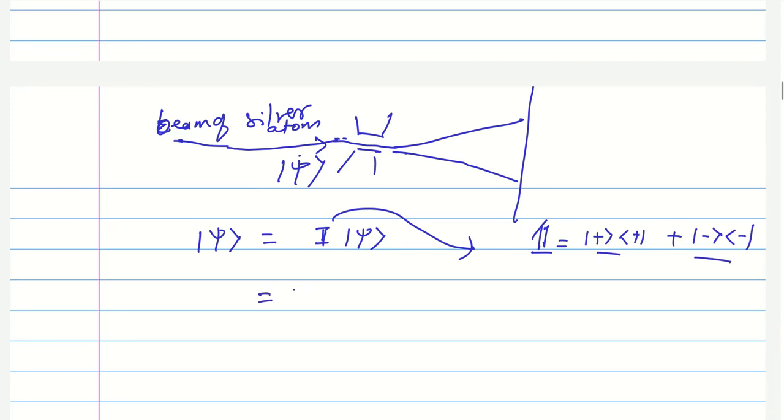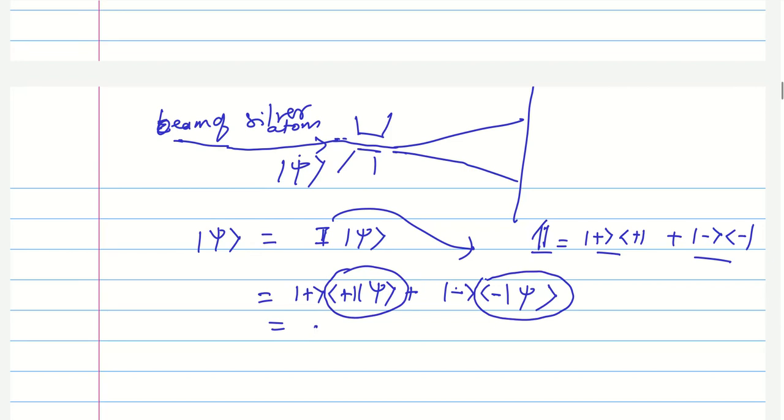So when you write it, what you get? So you see this one, this is nothing but a ket. So bracket, this will result in a number, this will result in a number. So let's suppose this one is C1 and this one is C2.